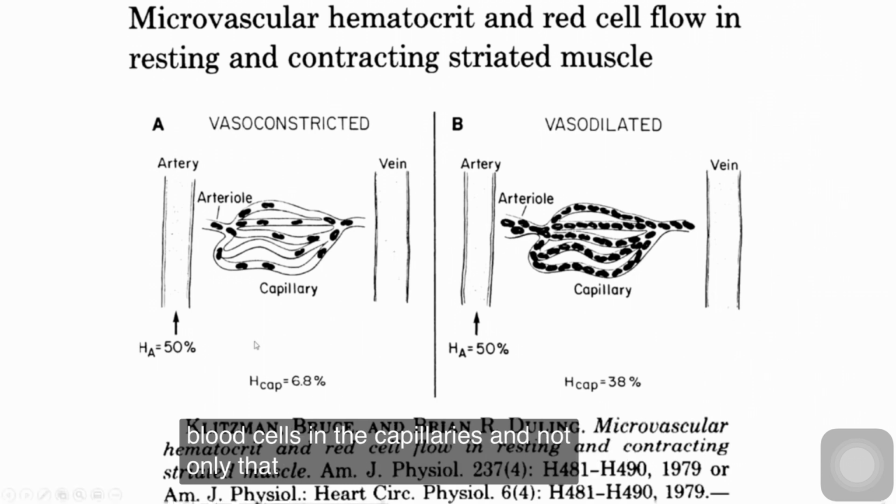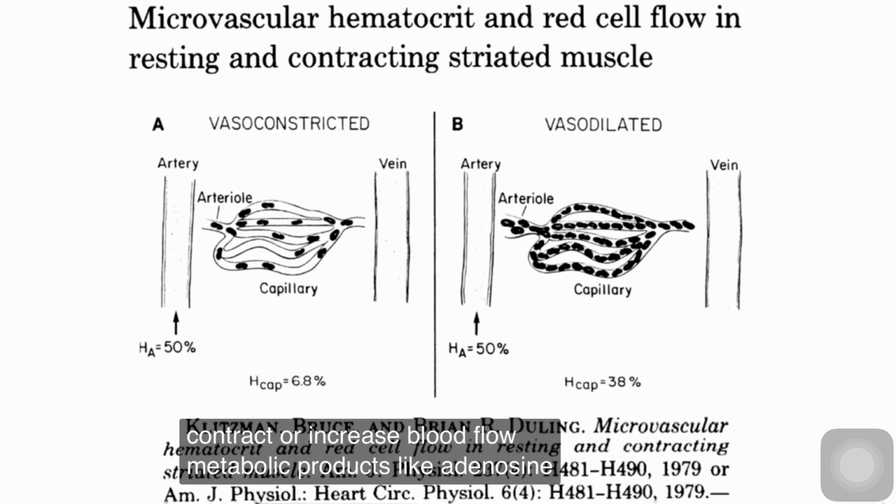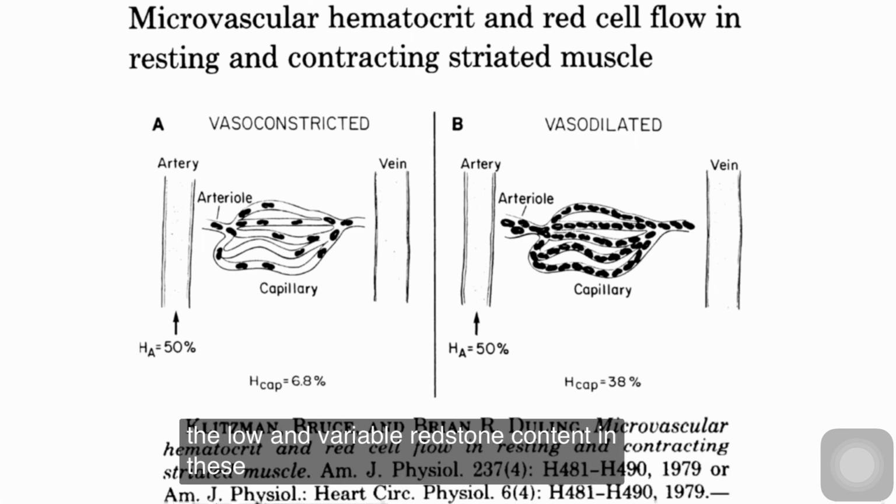Not only was it low under resting conditions, as shown on the left, with only a few red cells present in the capillaries and only a few capillaries actually showing red blood cells, as shown in the little movie before, but also, if you would stimulate a muscle to contract or increase blood flow with metabolic products like adenosine, then instantly the red cell content in these capillaries could increase 3 up to 4-fold. But again, that triggered that discussion: what is responsible for the low and variable red cell content in these capillaries?